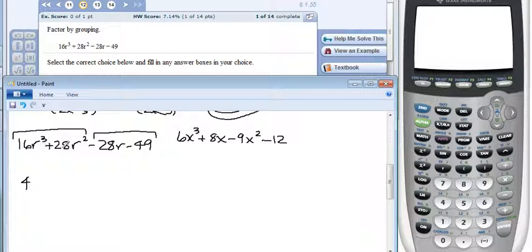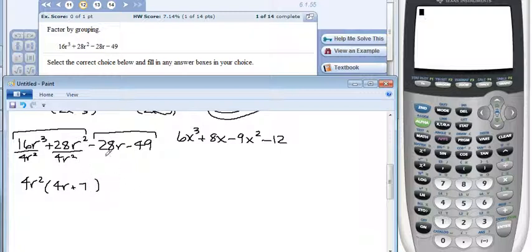Now between an r cubed and an r squared, we'll take out the r squared. We're going to divide through. We'll see what's left. 16 divided by 4 is 4. R cubed divided by r squared is r. 28 divided by 4 is 7. And the r squareds are canceling.